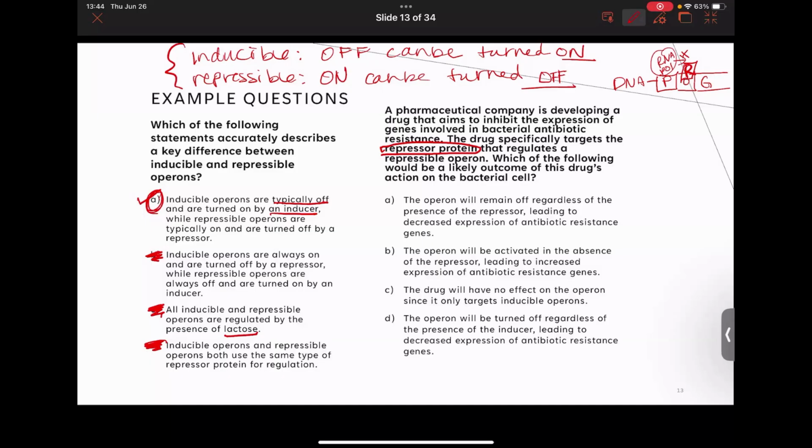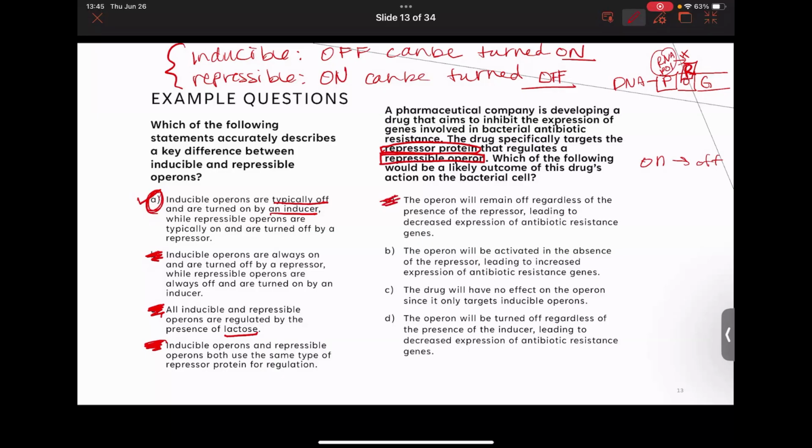All right, so which of the following would be a likely outcome of this drug's action on the bacterial cell? So if it's regulating a repressible operon, one that is on and can be turned off. Will the operon remain off regardless of the presence of the repressor? Or will it be activated in the absence of the repressor? It's not going to remain off because it's already on.